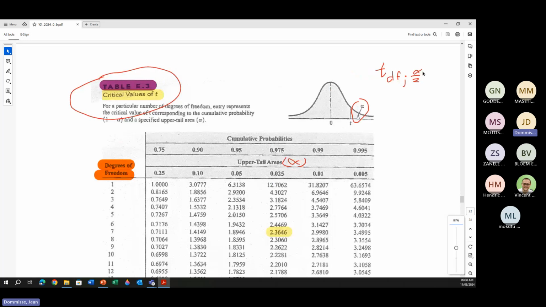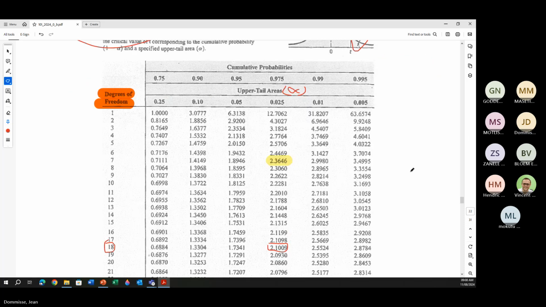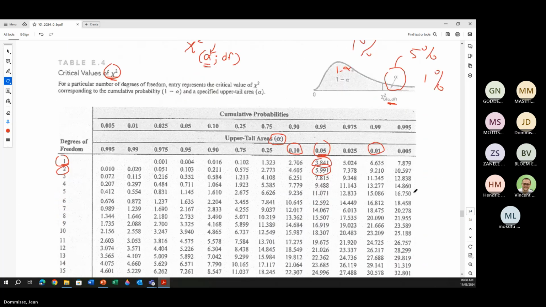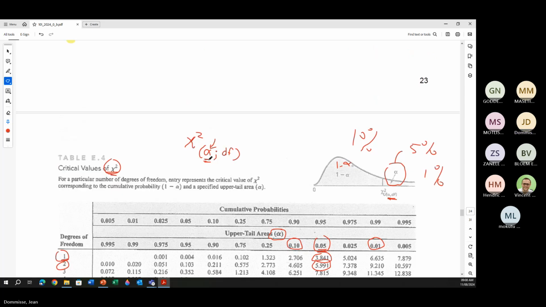So remember, when we work out the t, it's always the degrees of freedom, and then it's the alpha divided by 2. So that's how we get to the t-table. When we go to the chi-square table, important here is we're working with an alpha. So not alpha divided by 2, we're working with alpha.